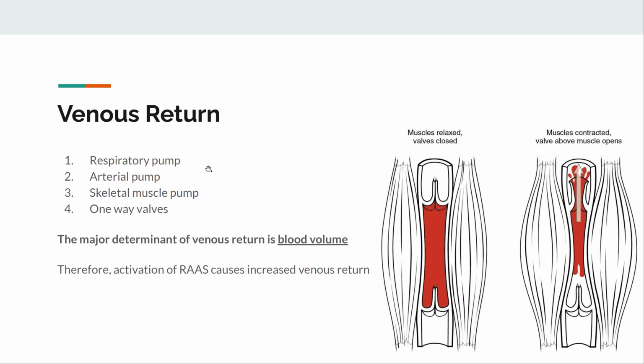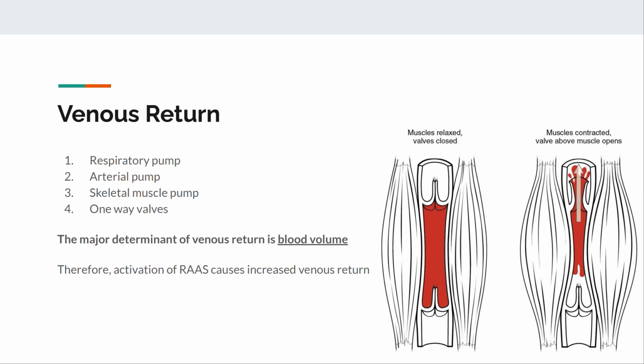The respiratory pump is when you take a deep breath in, the negative intrathoracic pressure sucks blood up into the inferior vena cava, because the diaphragm is there and the vena cava is up in the thorax. The arterial pump is this concept that veins sit right next to arteries, and as the pulse wave goes down an artery, the bulging of the arterial wall squishes the vein next to it, which is basically the same as the skeletal muscle pump.